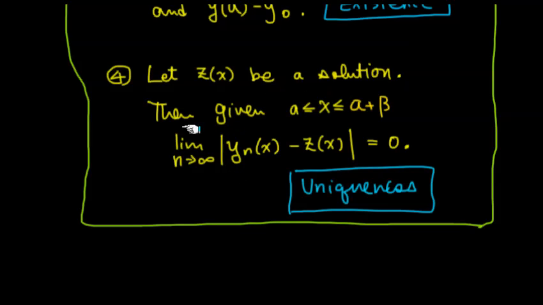Then we show that for any given x value in between a and a plus beta, the difference between y_n of x and z of x will approach 0. You know that this one approaches y of x, therefore this will prove that y of x and z of x are exactly the same, because this converges to y of x. So if you start with any other function, it must be the same. So that's uniqueness.